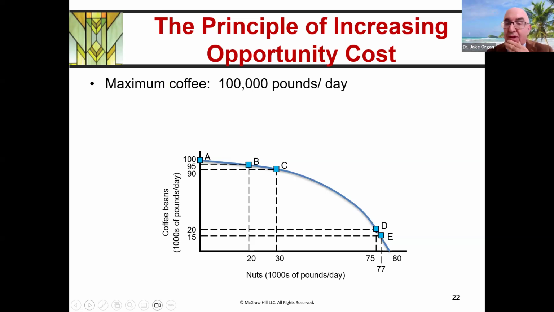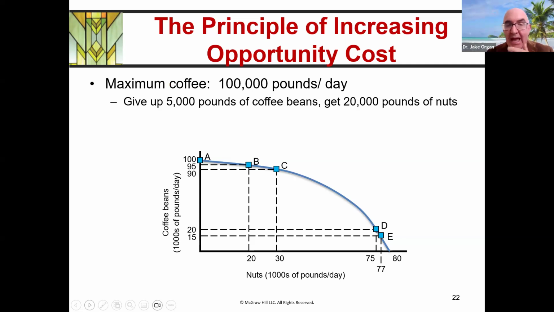So you could produce 100,000 things of coffee a day. And at this point, when you're really up at that point, if you look at moving from B to A, B is 95,000 pounds of coffee, and you want to move to A, which is 100,000 pounds of coffee, you've got to give up 20,000 pounds of nuts.